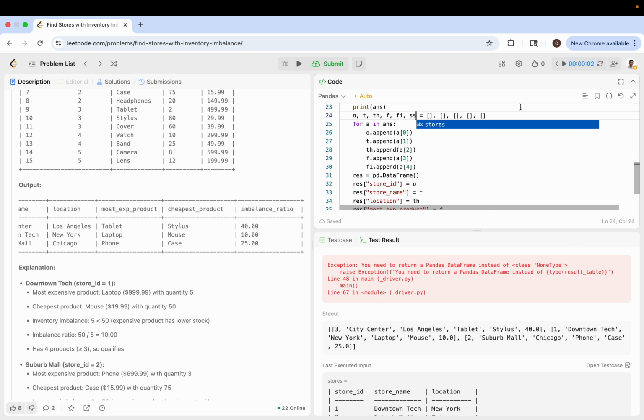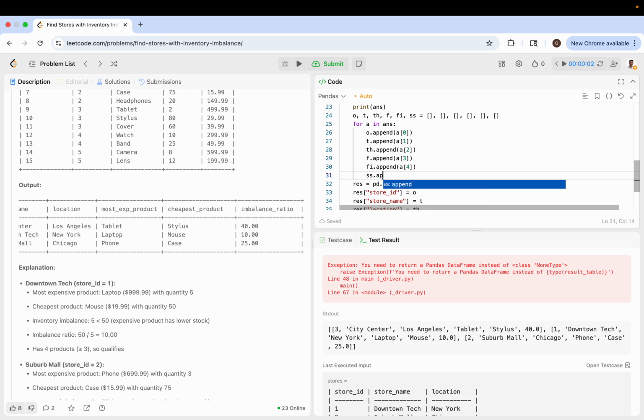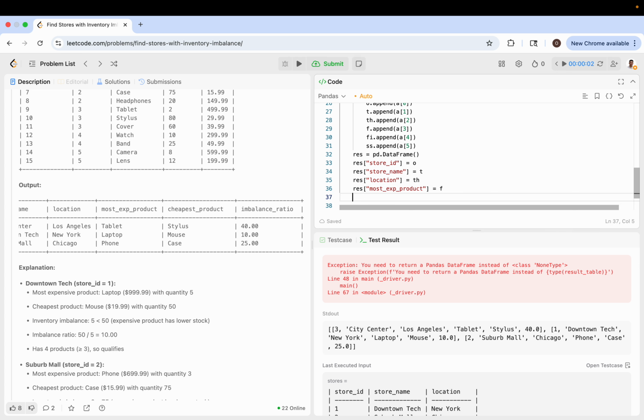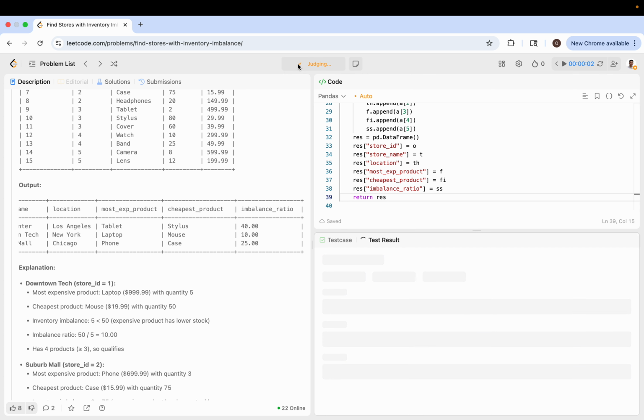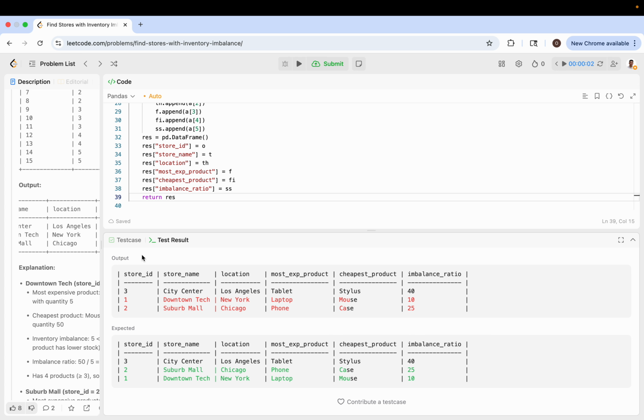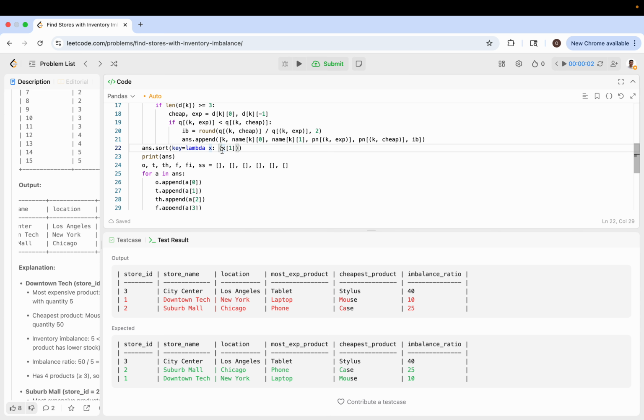This is the last one we're missing. 2, 3, 4, 5, 6. Let's try to return this. Nope. Of course. So negative x, -1.